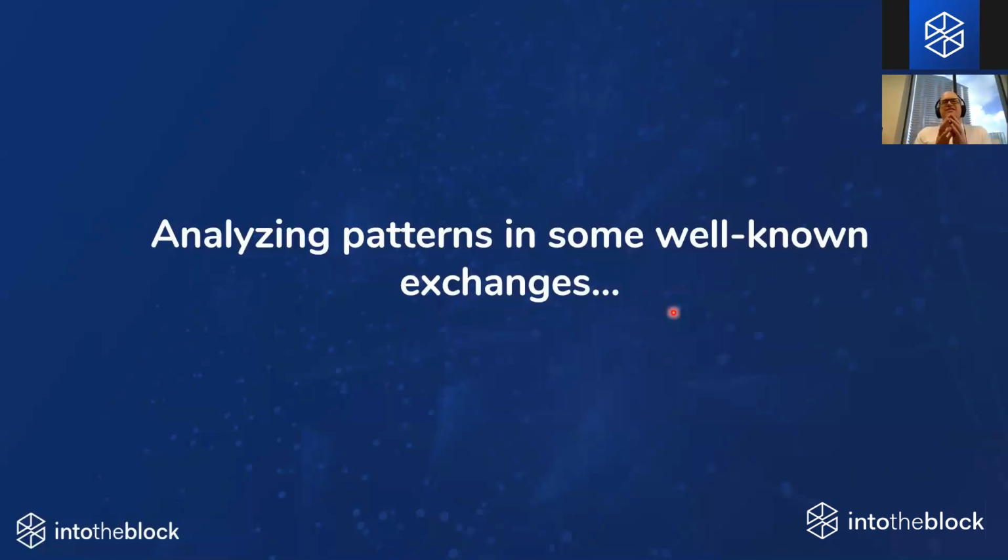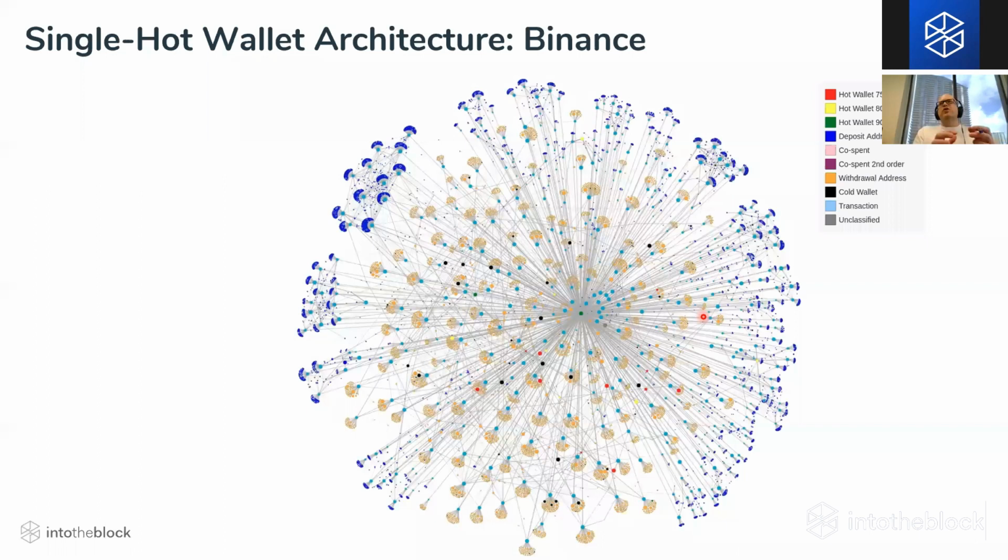So let's think about how this looks for some well-known exchanges. I gave you some generic examples of how these patterns reflect in the blockchain in general, how our models understand the world inside the blockchain. But one of the fascinating things that we were able to do is to actually understand how specific exchanges work. For instance, one pattern is exchanges with a single hot wallet, and this is the case of Binance, right?